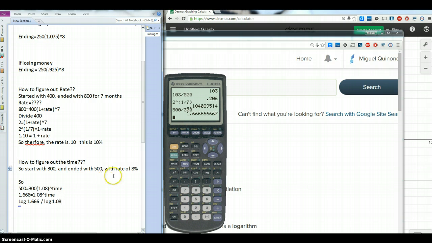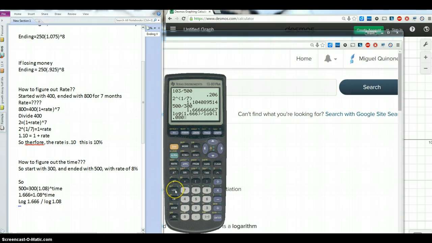So let's do that real quick. So log 1.666. Okay, cool. Make sure to close the parentheses. Divided by the log of 1.08.